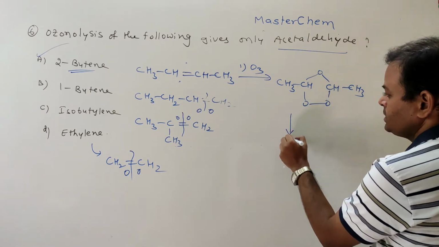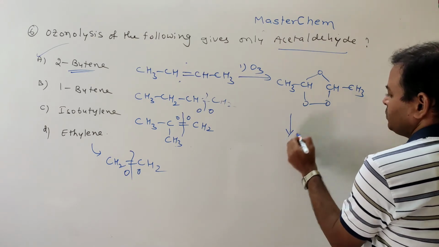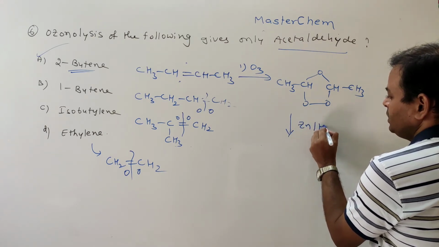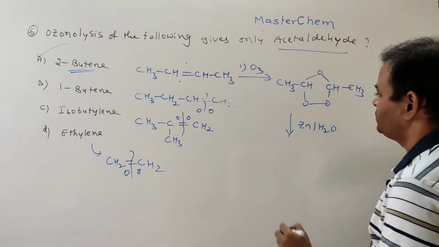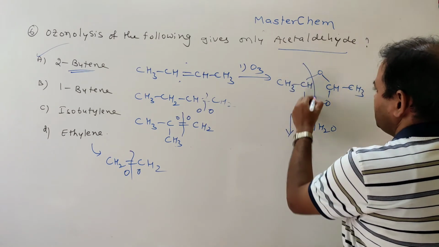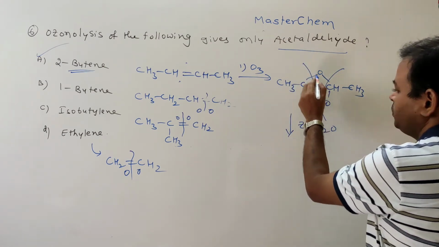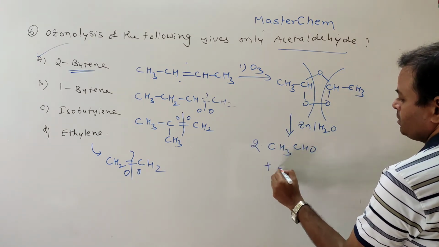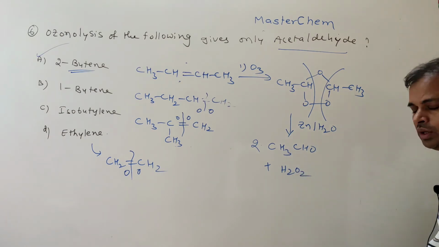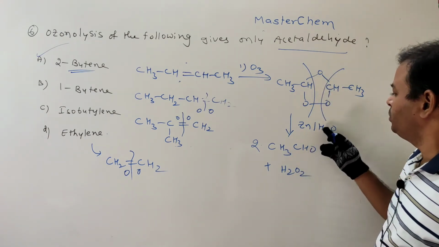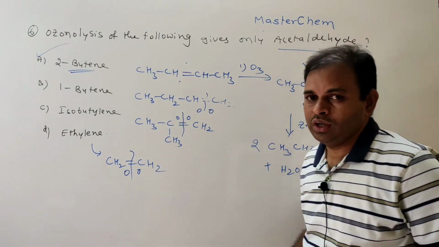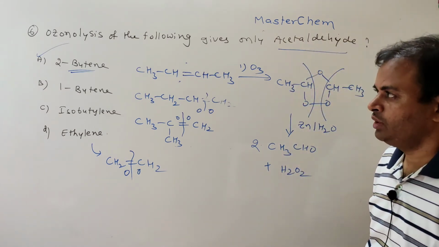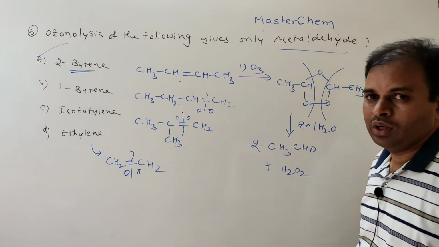So this ozonide is unstable, so that's why in presence of zinc and H2O, this is what it gives, CH3CHO, CH3CHO. So 2 moles of CH3CHO, and what is the byproduct? H2O2, hydrogen peroxide. So this is about the sixth one. So next, move on to next question.